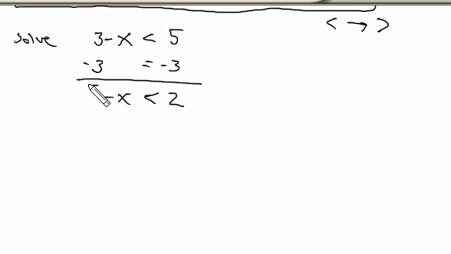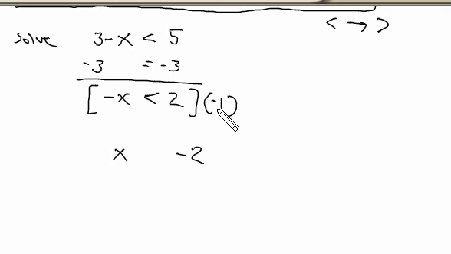So now let's multiply both sides, like we know we can do, by minus 1. When we do that, minus 1 times minus x equals positive x, and minus 1 times 2 is minus 2. Now here's the important thing. We get minus 2 on the right-hand side, x on the left-hand side.